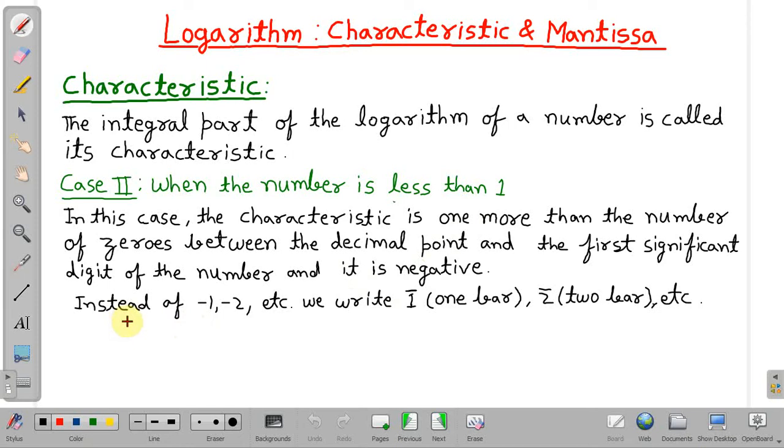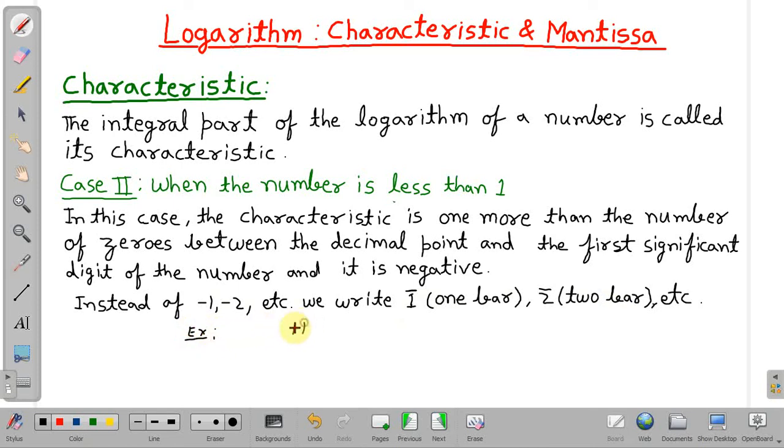And one more thing, suppose our characteristic is minus 1, then we write 1 bar. Similarly, if our characteristic is minus 2, then we write 2 bar. Okay, so we will see with the help of examples.